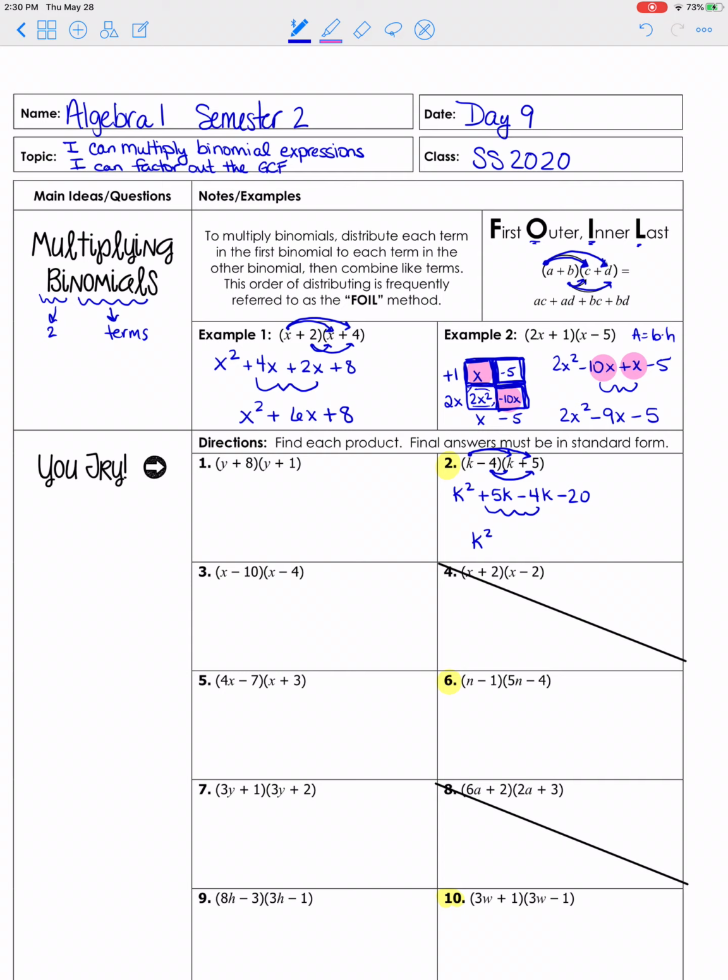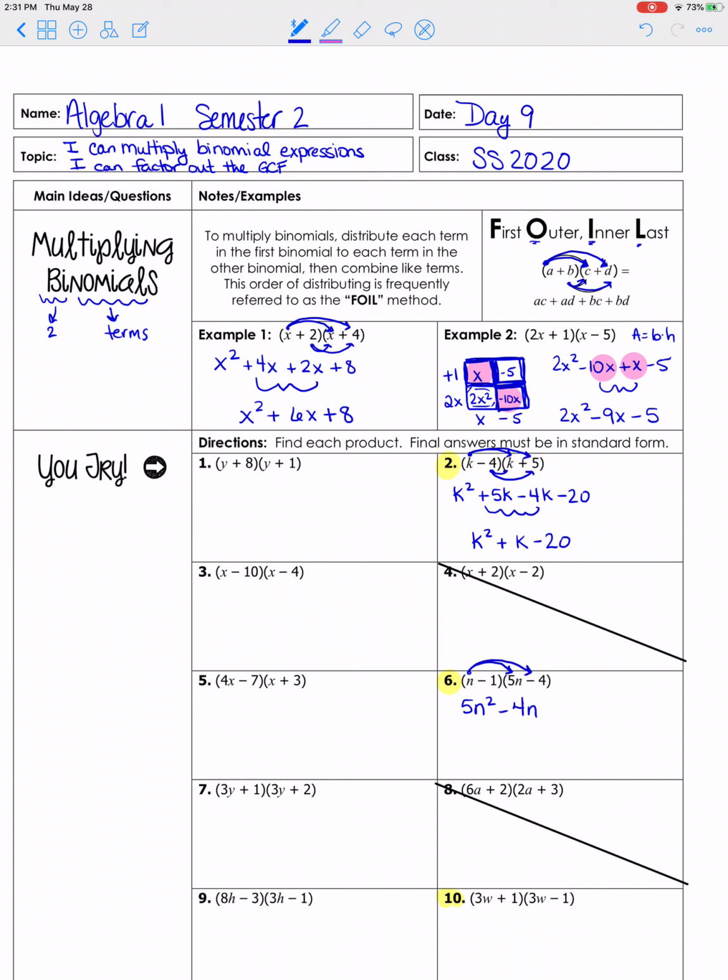So we get k squared plus k minus 20. All right, number 6. If you take the first times the first, n times 5n is 5n squared. N times negative 4 is negative 4n.